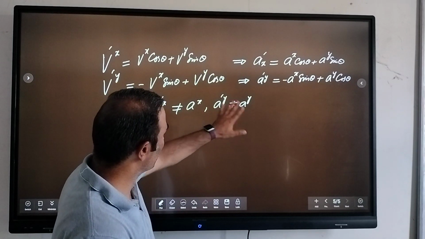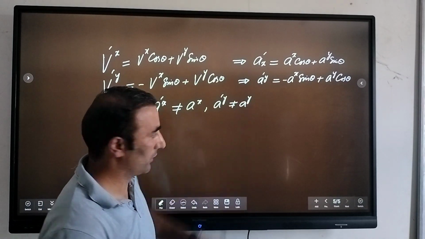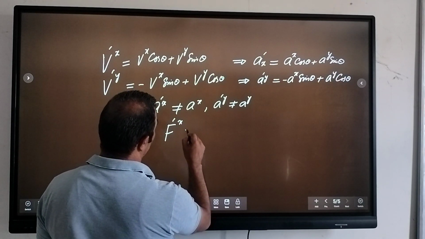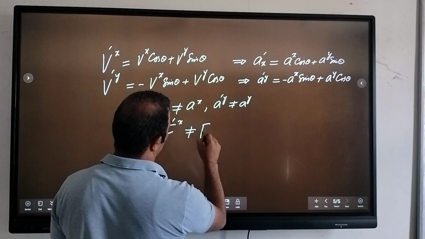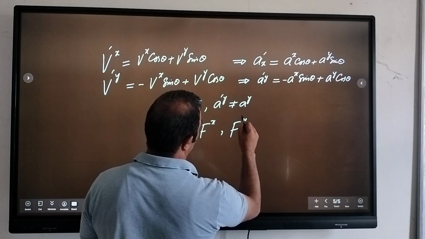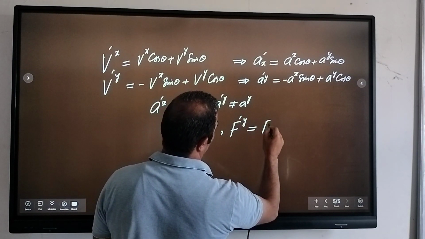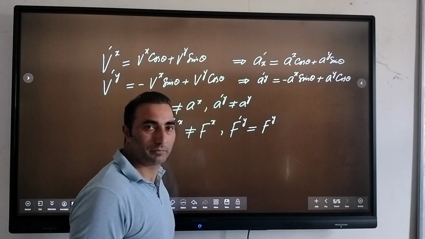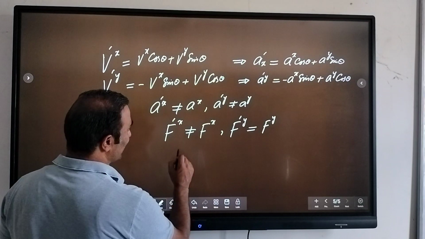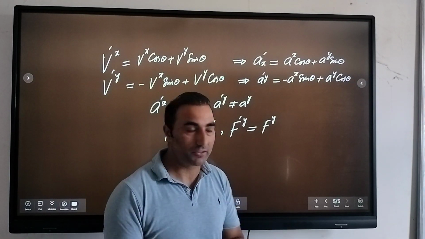So these are not true in general. So that means I cannot write that our fx prime will be equal to fx or fy prime. Right? But I have the same relation in both the frames of reference.